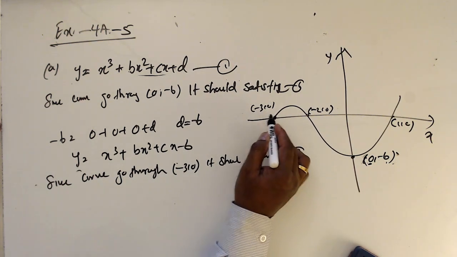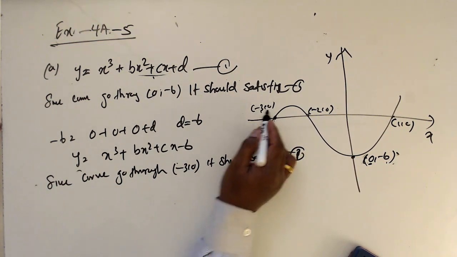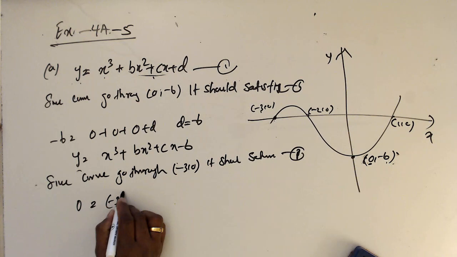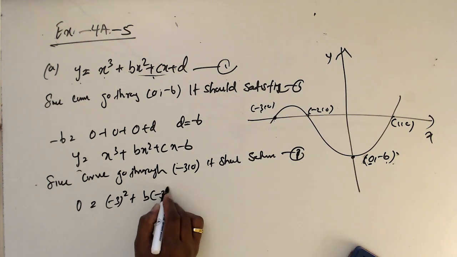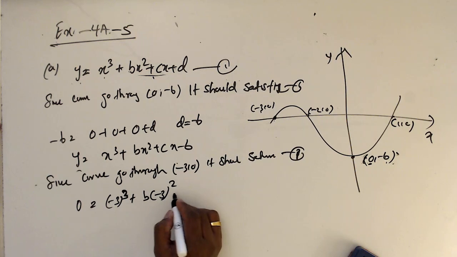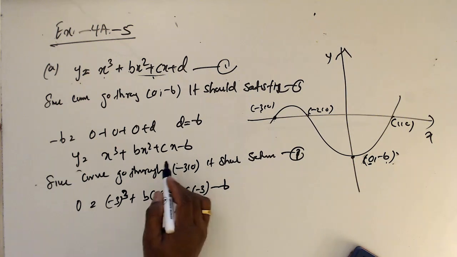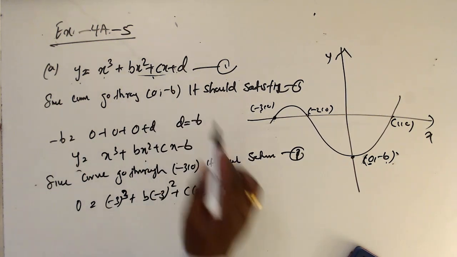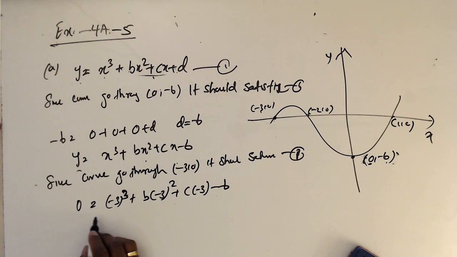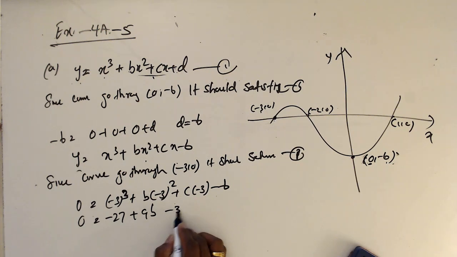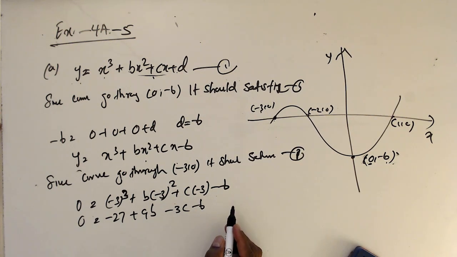This point should satisfy this equation. In that case, y is 0, x is minus 3 cubed plus b times minus 3 squared plus c times minus 3, minus 6. I know now the d value is minus 6. So now this will become 0 equals minus 27 plus 9b minus 3c minus 6.